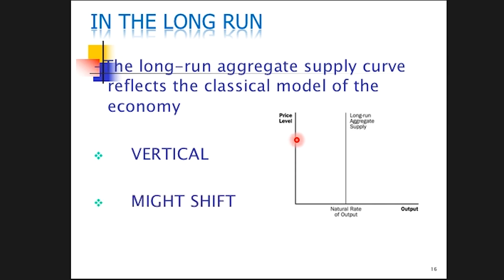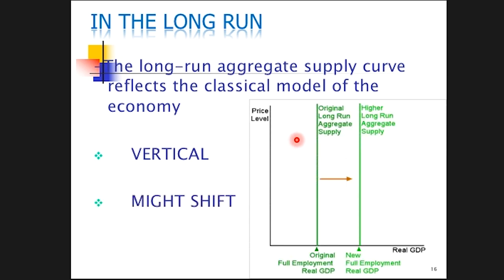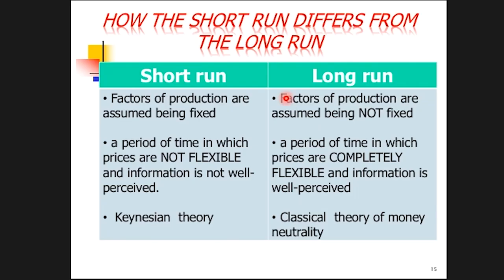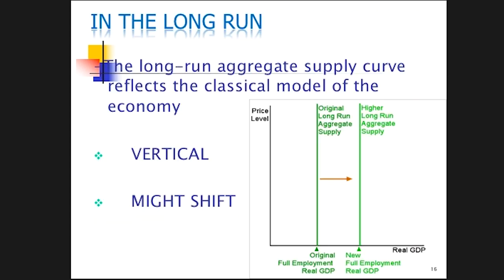And if we have changes in the factors of production, there will be a shift of the long-run AS to the right or to the left, depending on the increase or reduction of the production factors.